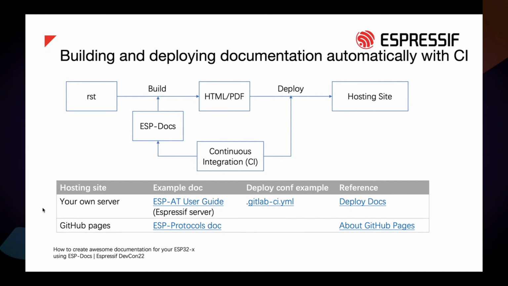Currently, documentation built with ESP Docs can be hosted on your own server and GitHub Pages. This table provides example documentation, deploying configuration examples, and some reference materials on how to automatically build and deploy the documentation with CI. So that's basically about how to build and deploy documentation automatically.